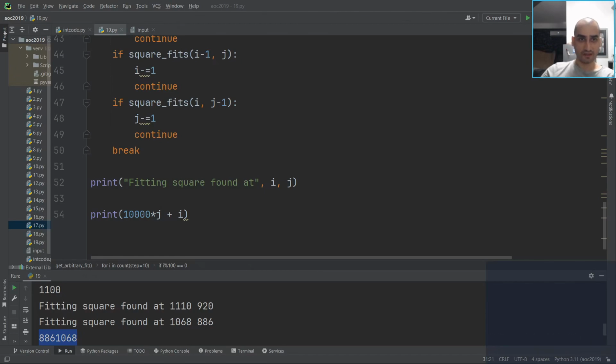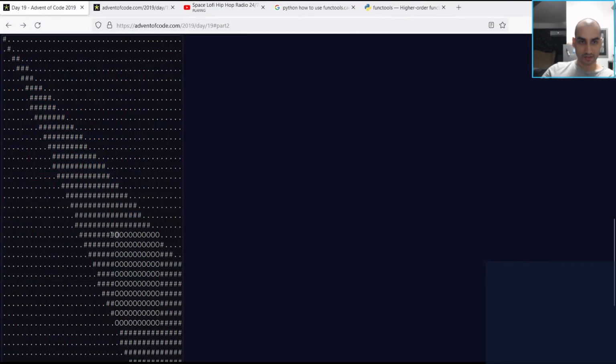Okay, so I think what we really need to do now is... so we found a fit. And from that point, if we were to find a point which fits, we would need to try all points on a radius, in like a circular arc. Hang on, I need to be showing the screen. So if we found this point here, that fits.